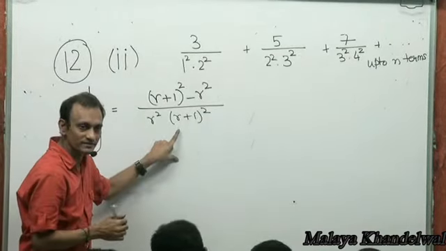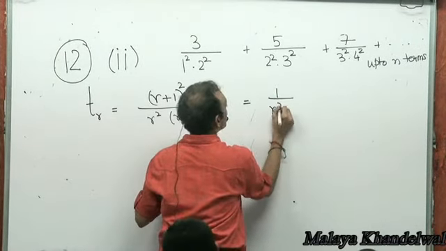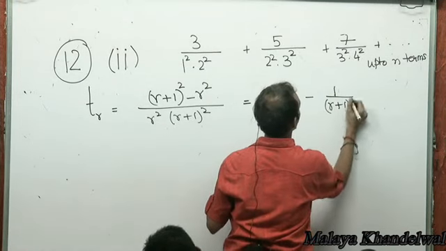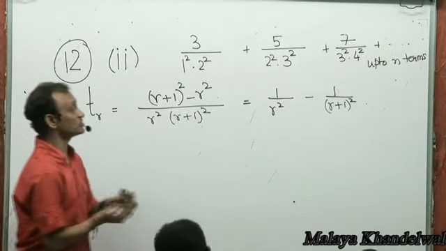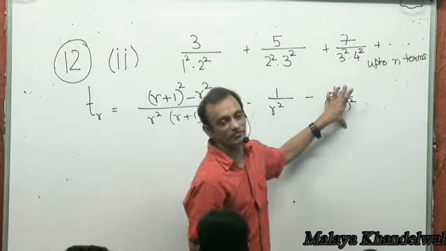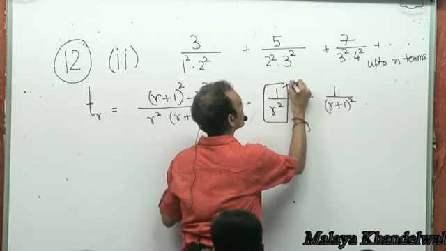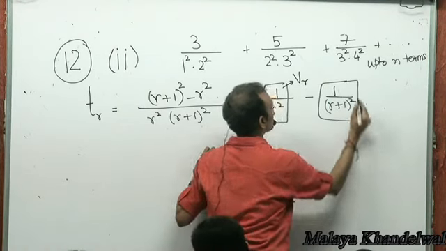Now I divide. So if I divide, I end up getting 1 by r squared minus 1 by (r plus 1) whole squared. That's T_r. A telescope would emerge, because if this is V_r, this would be V_(r+1), right? So if this is V_r, then this is deemed V_(r+1).